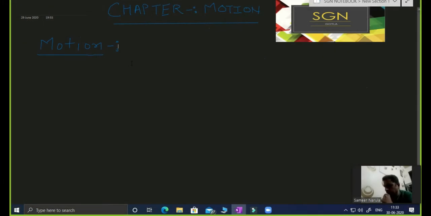First of all, we come across the definition of motion, what motion is all about.